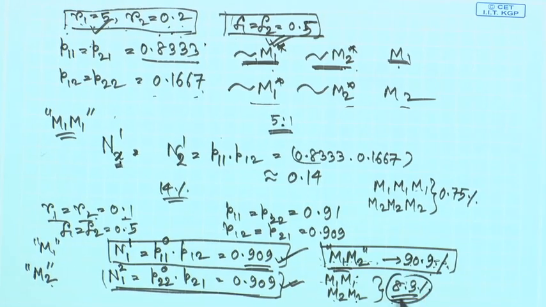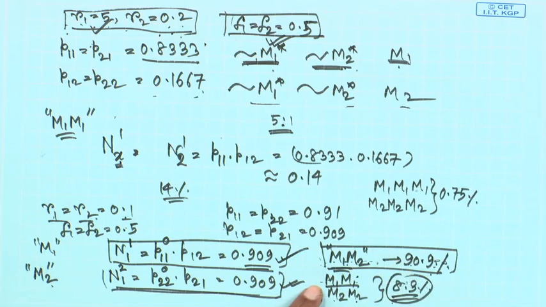So, what is the number fraction distribution? It is the total number of those sequences, say M1 M1, how many M1 M1 sequences are there, divided by the total number of M1 units. So, say 100 M1 is there, how many of them are distributed like M1 M1 units, that is your number fraction distribution, that is what we are talking about all through. So, you see that 8.3% of M1 will be distributed as M1 M1.